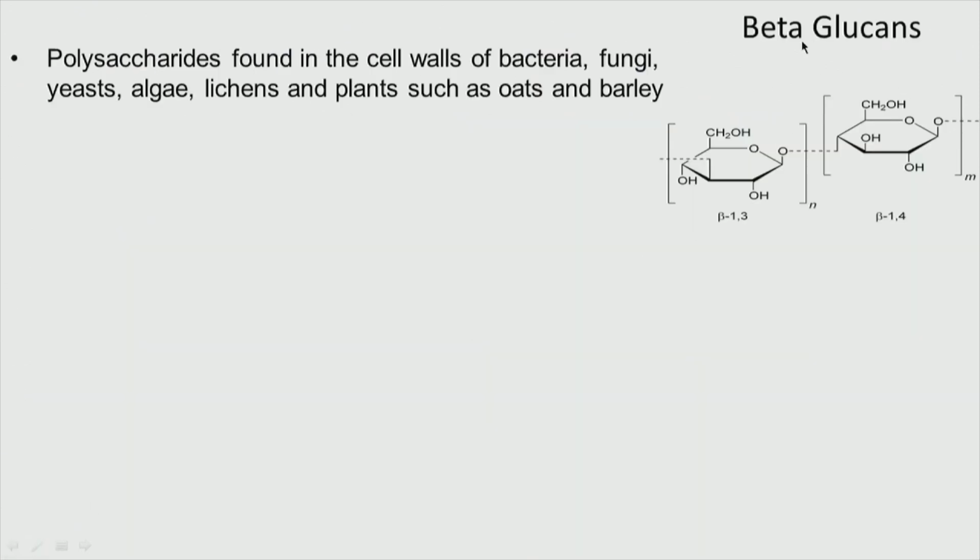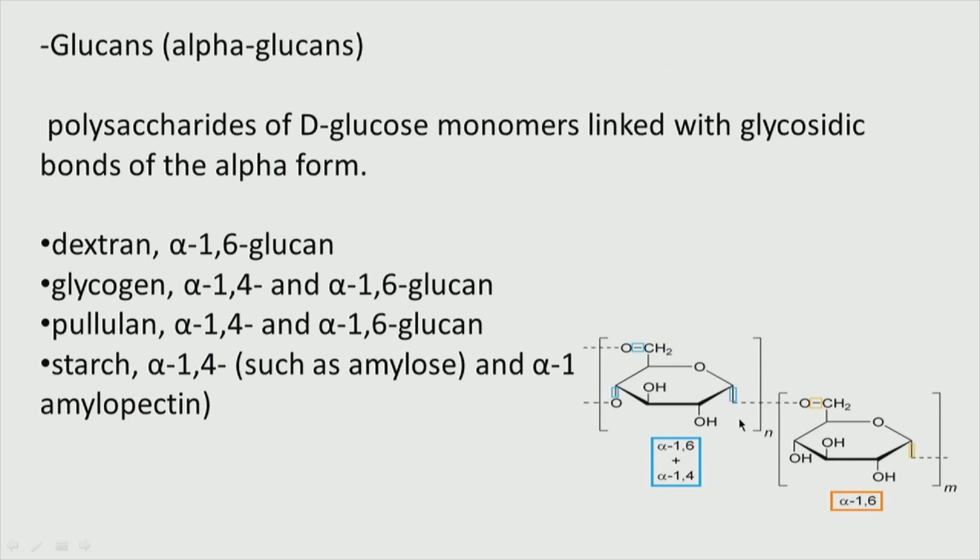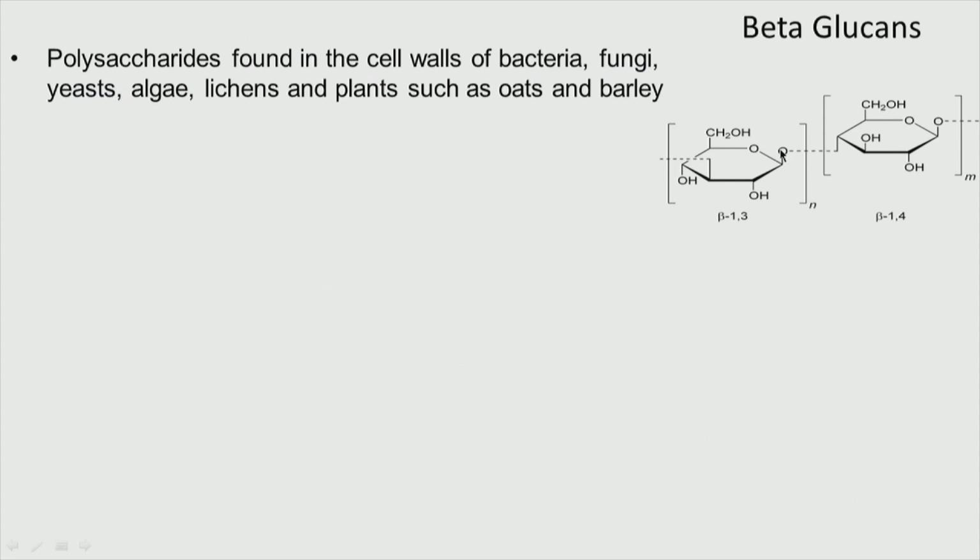We also have beta glucans. In the alpha glucan we have the O below, in the beta we have the O above. They are found in the cell walls of bacteria, fungi, yeast, algae, lichen, and plants such as oats and barley leaves. So that is the beta.